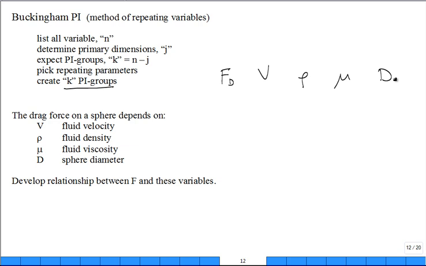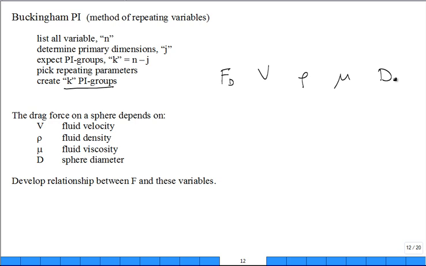Now this is the tricky part, but you've got to draw the line and say anything else. How about the month of the year that the experiment's being run? Irrelevant. The color of the fluid? Irrelevant.